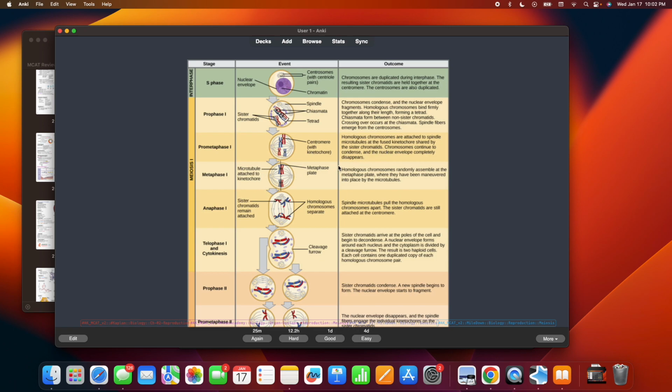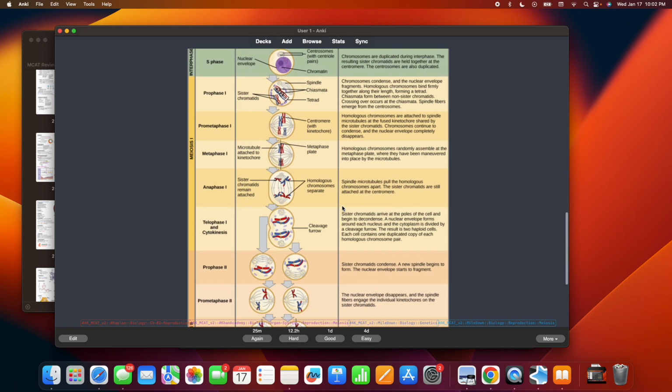Then for metaphase, we have homologous chromosomes randomly assemble at the metaphase. So they randomly assemble. The microtubule is attached to the kinetochore, where they have been maneuvered into place by the microtubules.